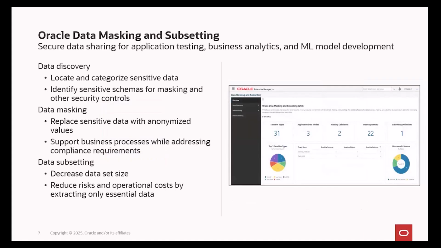Each of these components helps you to protect your sensitive information while still enabling the business, right? So let's deep dive into each of these components, starting with data discovery.